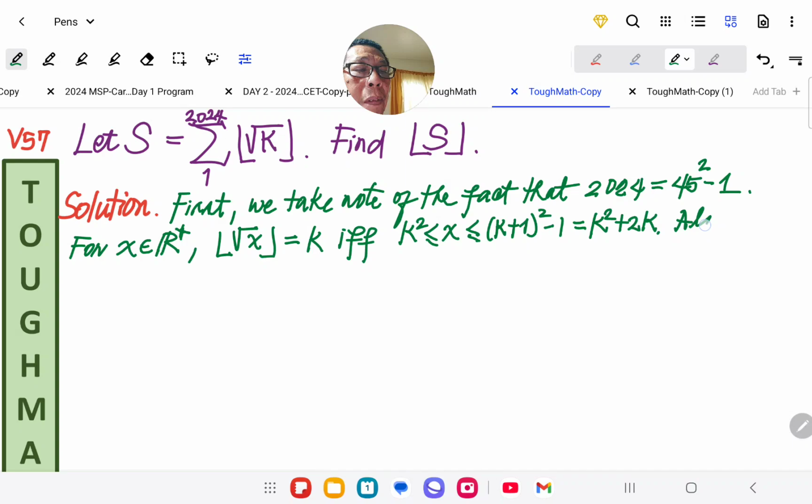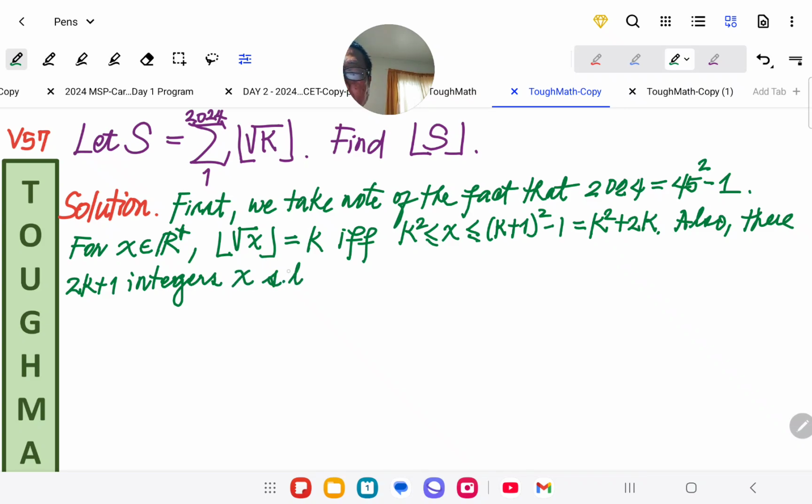Also, there are 2k plus 1 integers x such that the greatest integer value of the square root of x is equal to k.